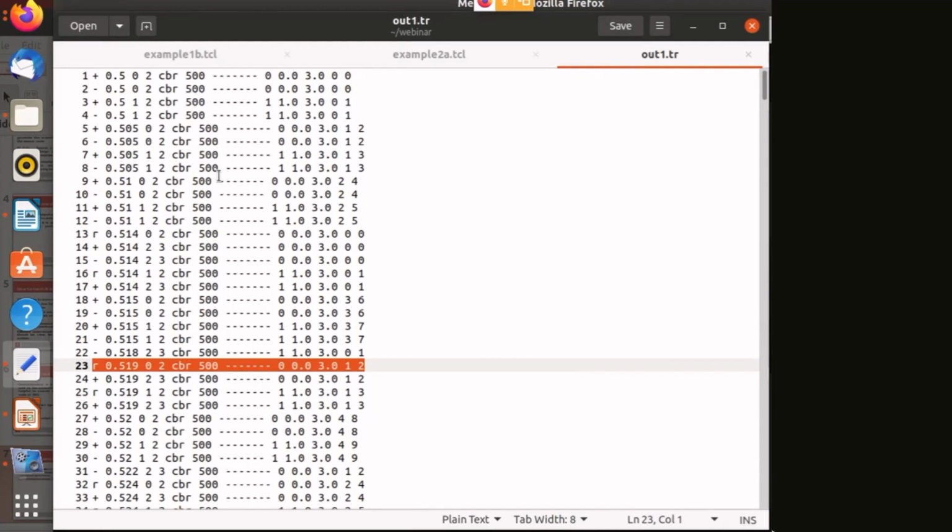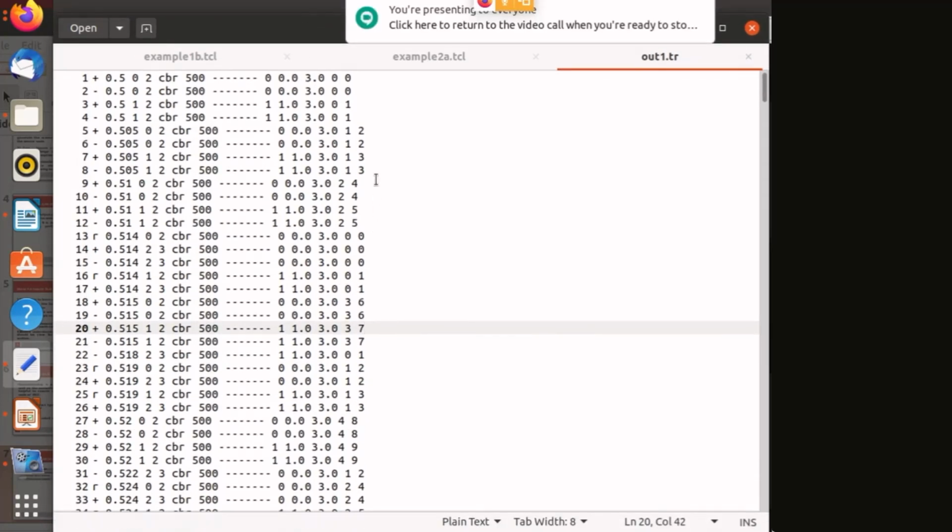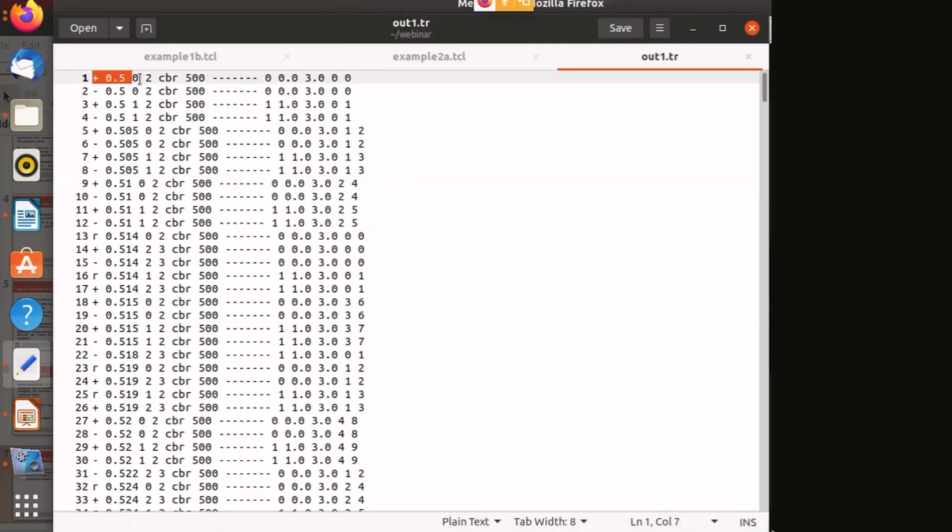Now let us understand this thing one by one. Please pay attention to this part because it is very important. Let us understand this trace file. Let us understand the first line.